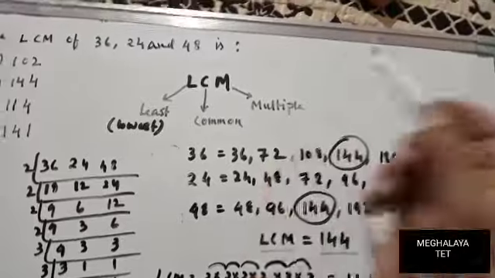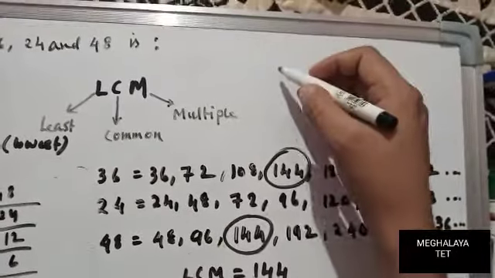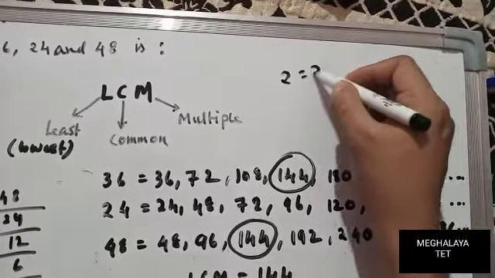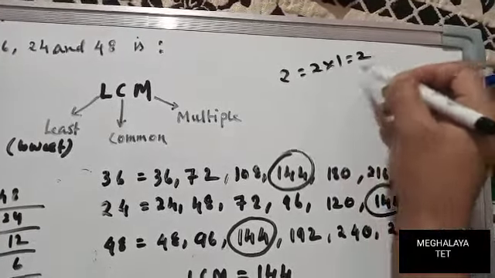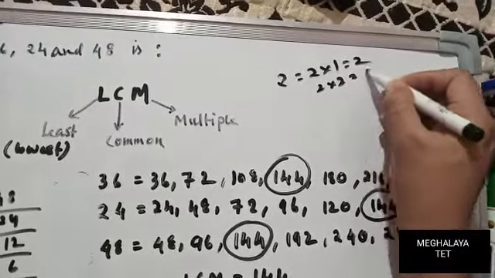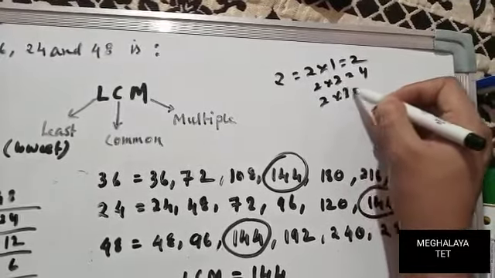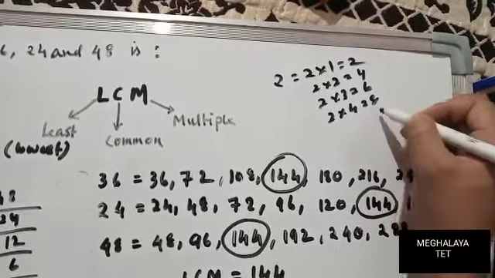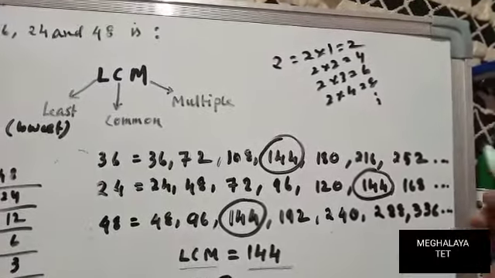So what are the multiples of 2? Multiples of 2 means 2 into 1 is 2, 2 into 2 is 4, 2 into 3 is 6, 2 into 4 is 8, and so on.